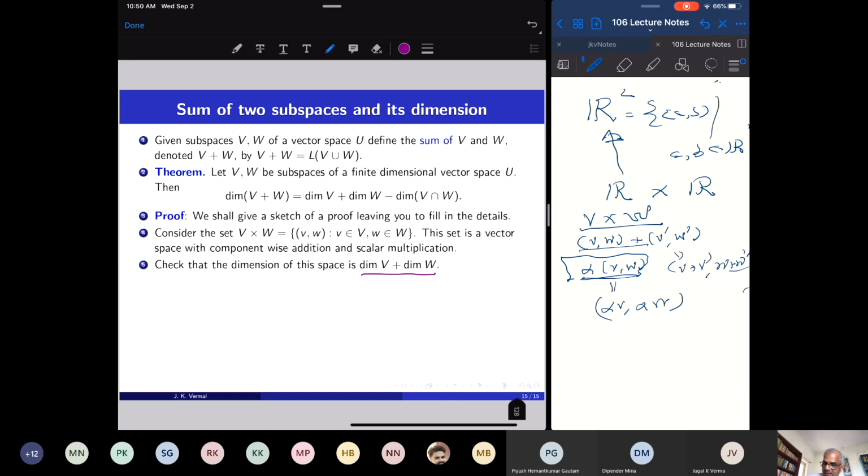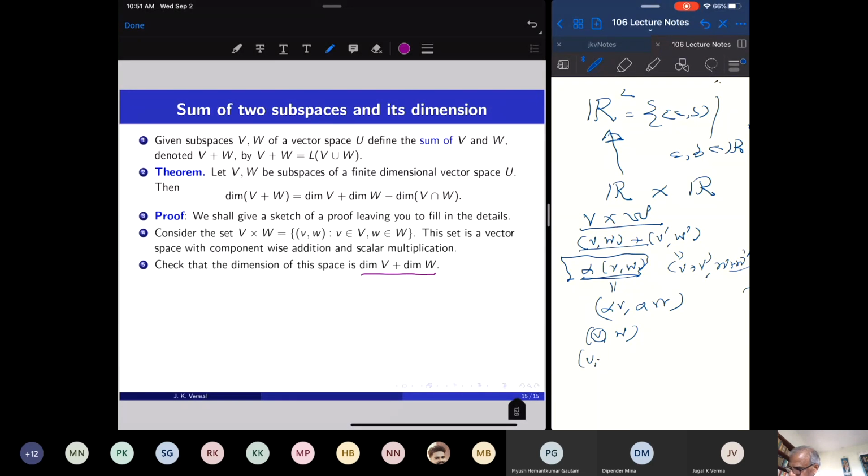So to prove that the dimension of the vector space is this number, I have to produce a basis which has as many elements as the sum of the dimensions. Okay, so how do we do that? Vectors in V cross W are of this type. Instead of v, I can take the basis vectors.